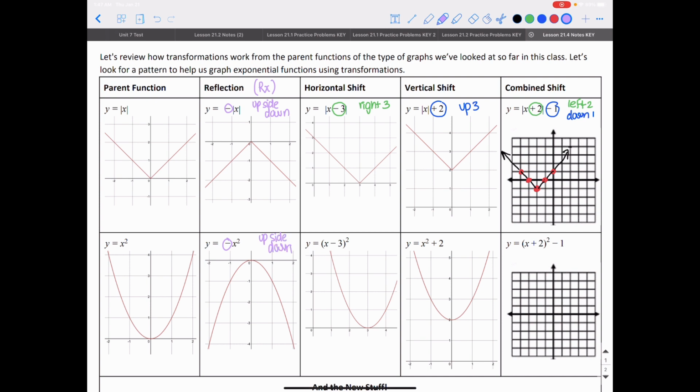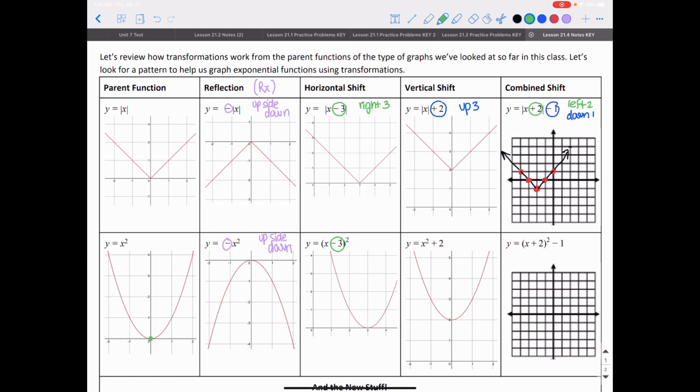When I'm subtracting 3 inside of the parentheses before squaring, so I'm subtracting 3 from my input before doing that really important thing in quadratics, squaring, I'm going to see that all the points from this graph to this graph are moving right 3.